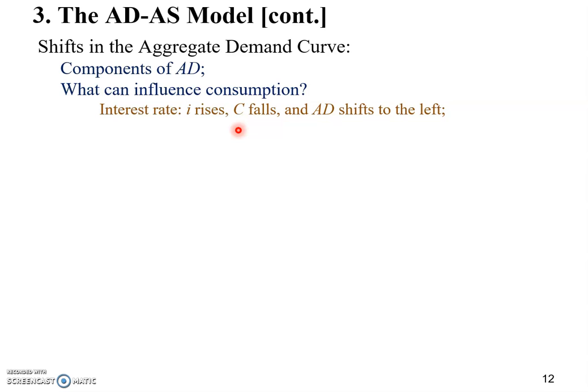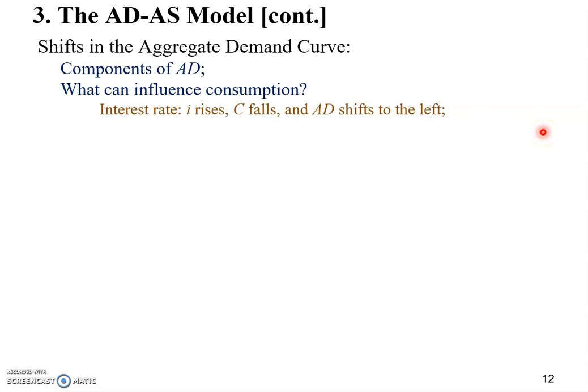If you want to purchase a car, a house, or some appliances, if you take the loan with a higher interest rate, now it's more expensive to take the loan, right? Or you pay more on a monthly basis. So consumption would decrease, and the AD curve would shift to the left. Again, it's the same thing we did before. So less means leftward shift, more means rightward shift.